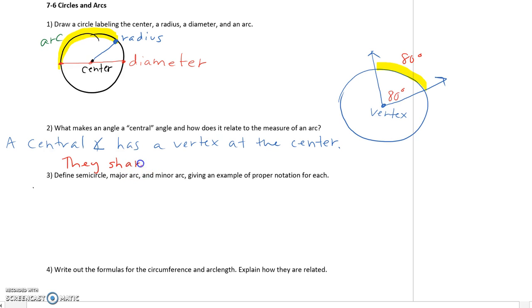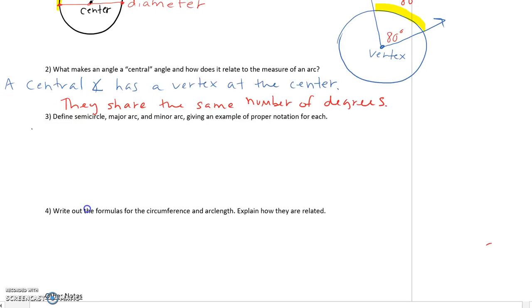They share the same number of degrees. The arc and the central angle are essentially the same in that regard.